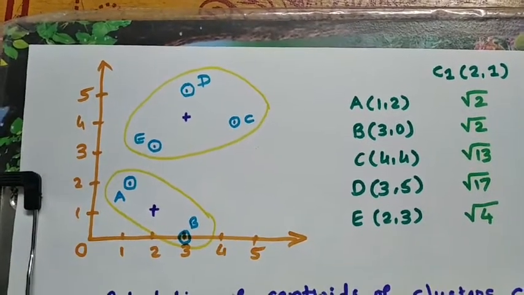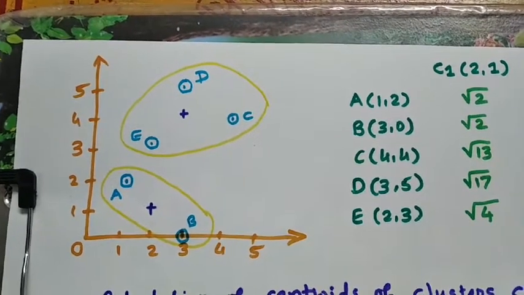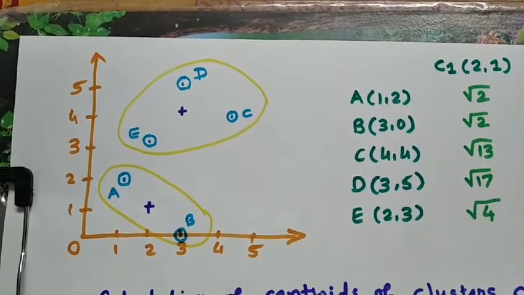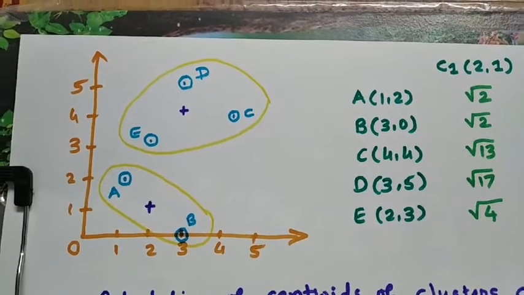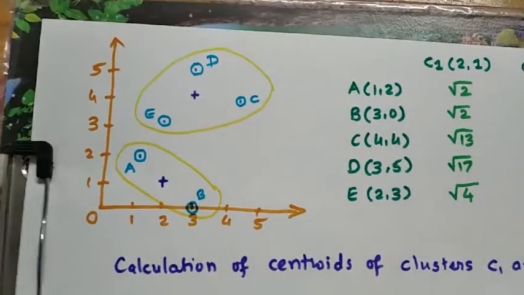A similar analogy can be considered with spherical shape clusters like these also, in which we can calculate the centroid of a cluster, which represents the mean or average value of all the coordinates that are part of the cluster.